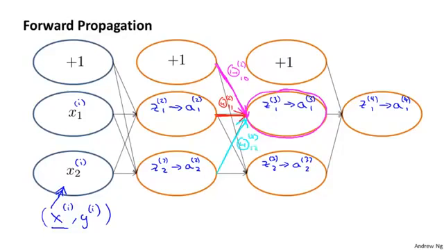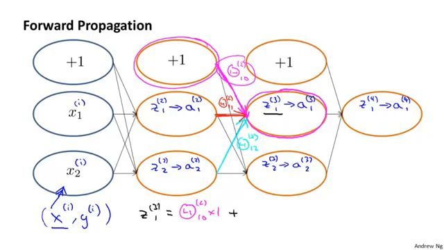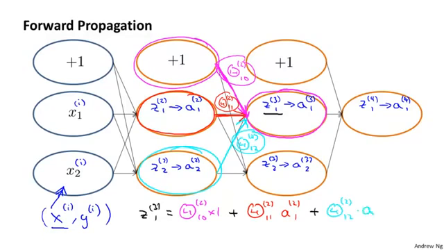So the way we compute z31 is this magenta weight times this value, so theta 210 times 1, plus this red weight times this value, theta 211 times A21, and finally this cyan weight times this value, plus theta 212 times A22.